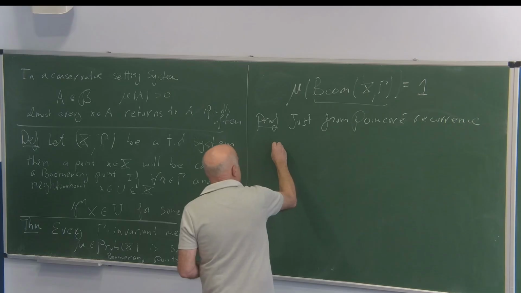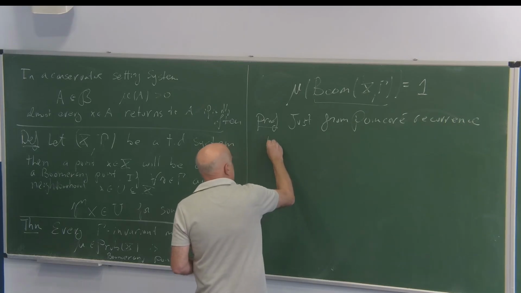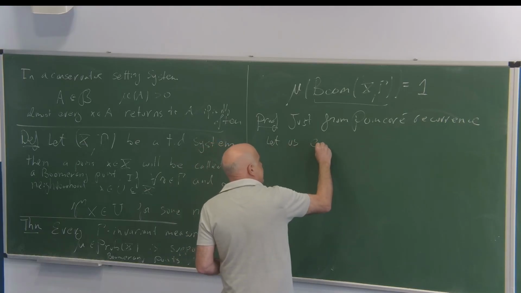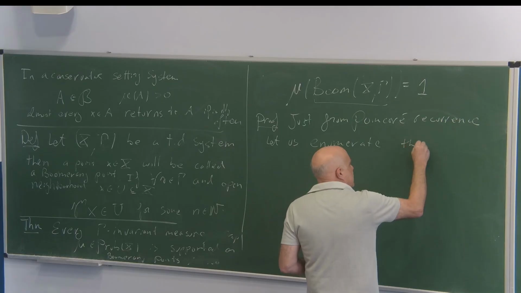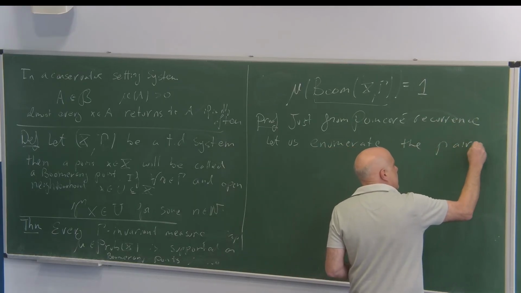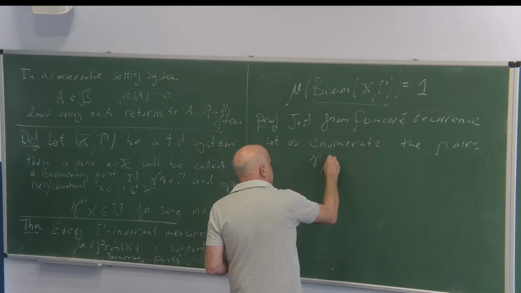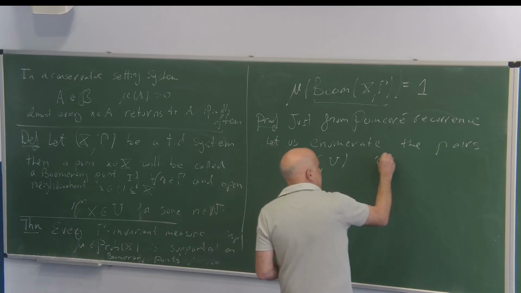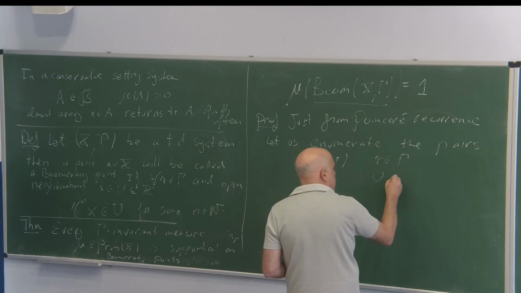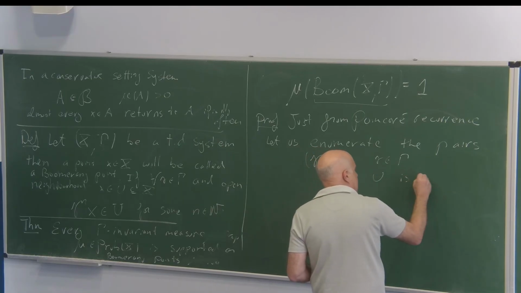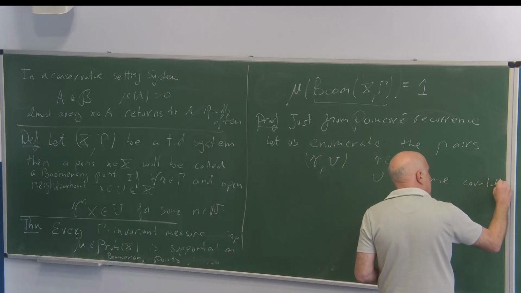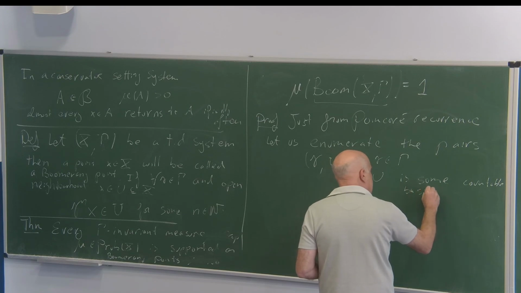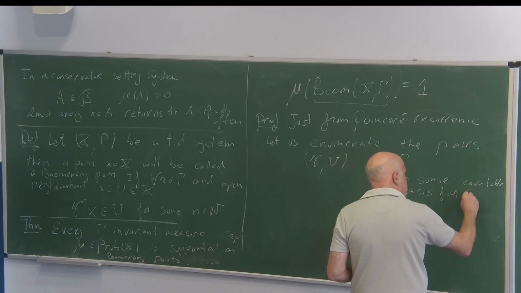Namely, let us enumerate the pairs (gamma, u), where gamma is in Gamma and u is in some countable basis for the topology.